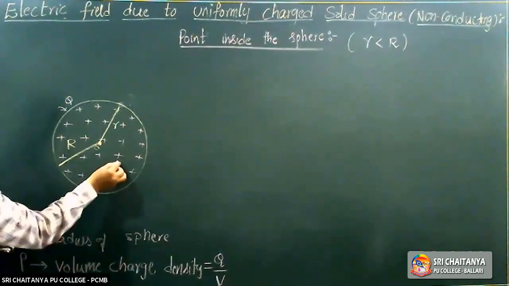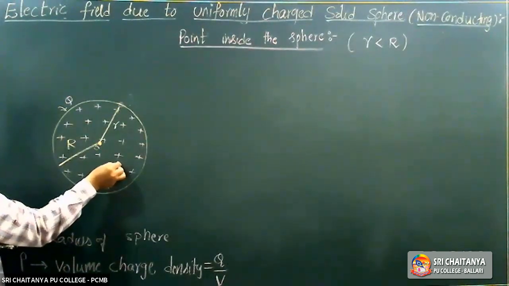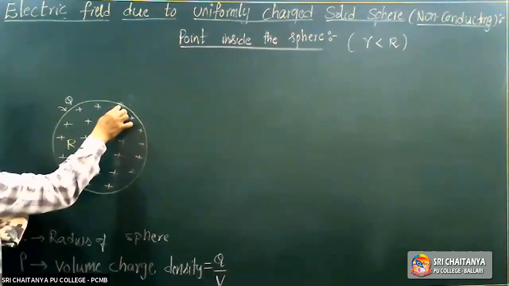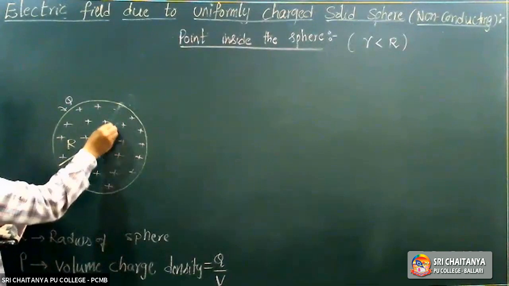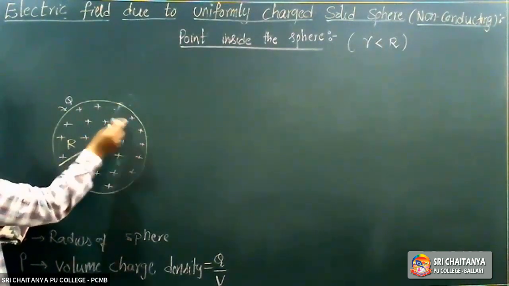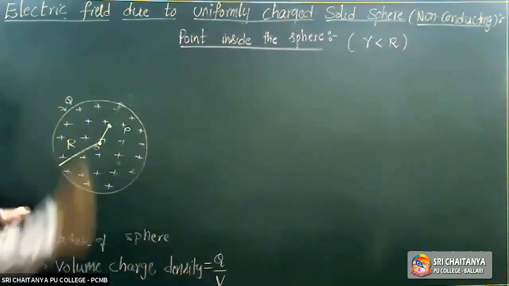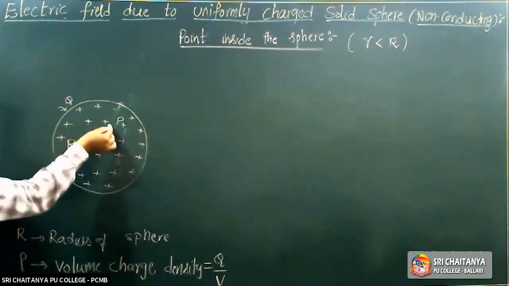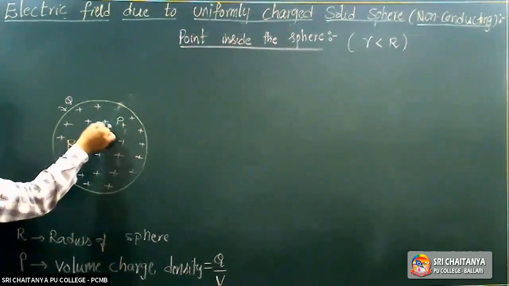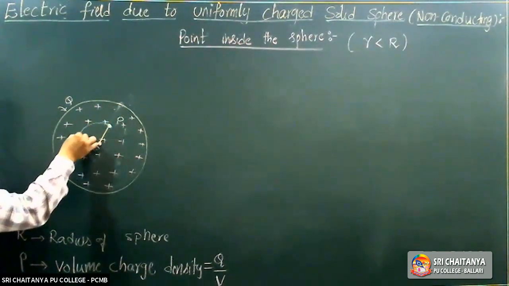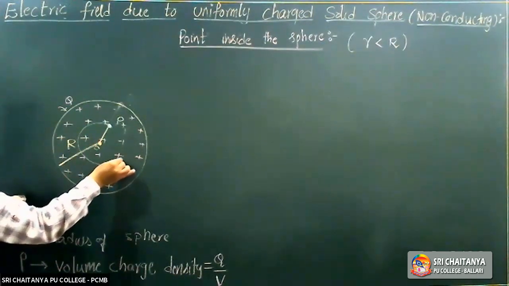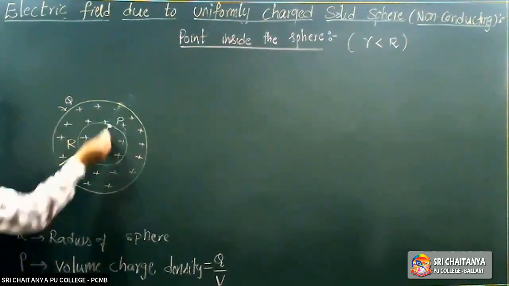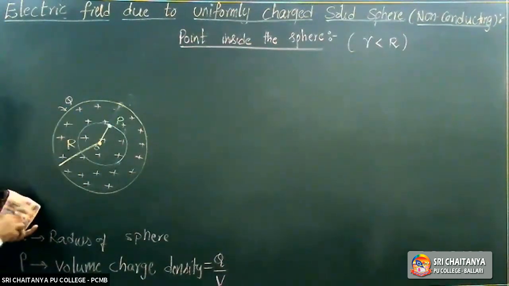Where is the point now? The point is inside. I'm taking that point here, or you can take the point here. For comparison, if you want, you take the point here. This is the point. So whenever the point is here, if you draw a Gaussian surface, that Gaussian surface comes like this, right?